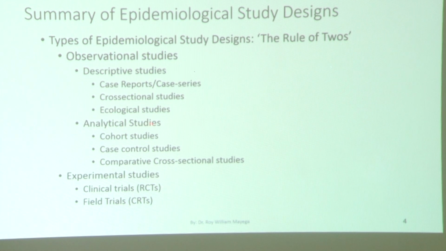In analytical studies, we have cohort studies, case control studies, and comparative cross-sectional studies, or what we may call analytical cross-sectional studies. And under experimental studies, we have mainly the clinical trials, or randomized control trials, and field trials, or cluster randomized trials. So these are, in summary, a listing of the key types of epidemiological studies.